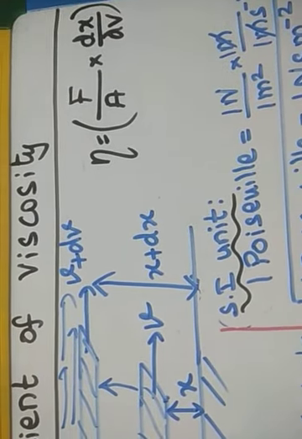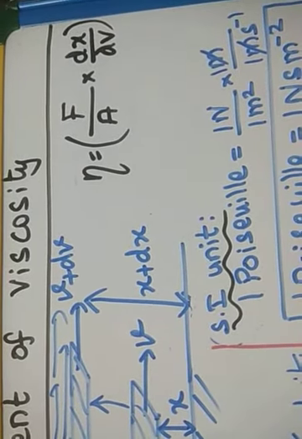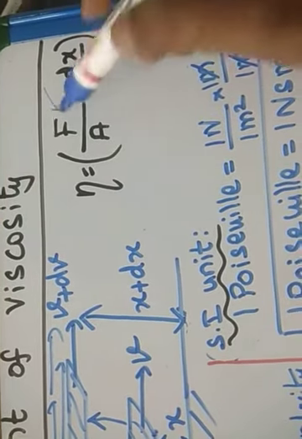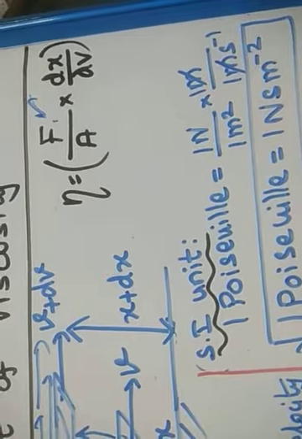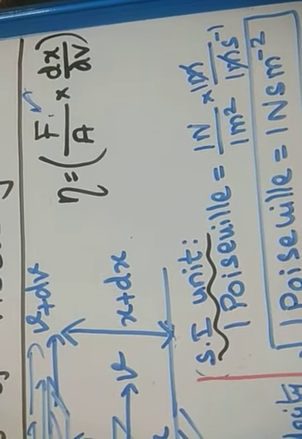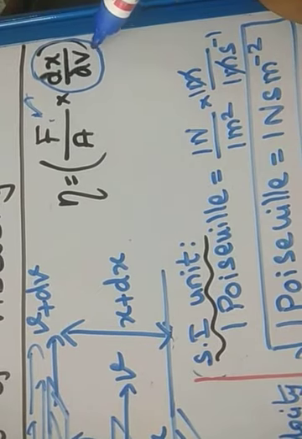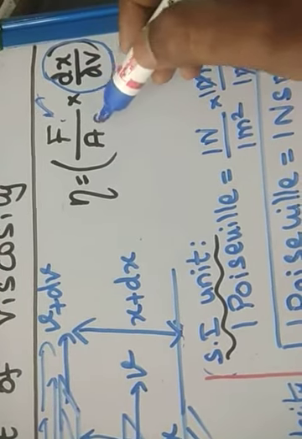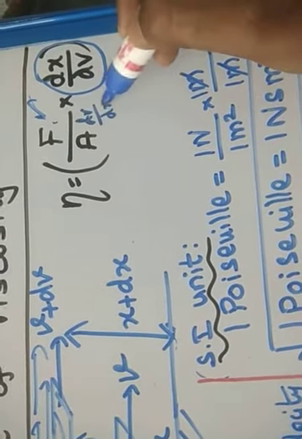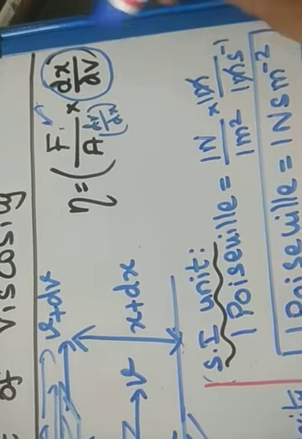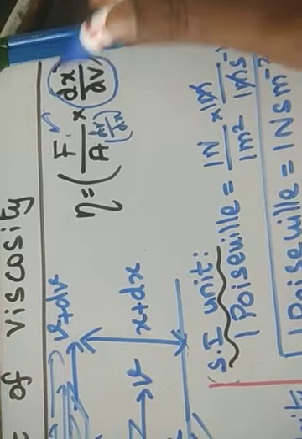This is the coefficient of viscosity. We can define the coefficient of viscosity of a liquid as the tangential force required to maintain unit velocity gradient. The dv by dx is in the denominator, so to understand the purpose I write it as dx by dv in the numerator.